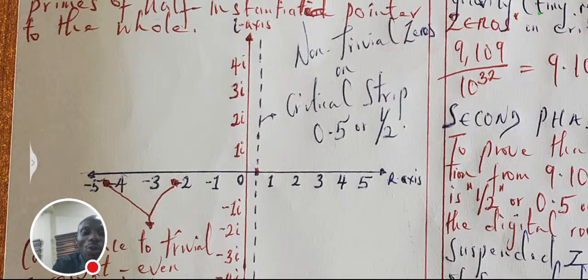Now, what we want to solve today is to get zeros that would be lined up vertically like this, and decode them to confirm if they are prime numbers.